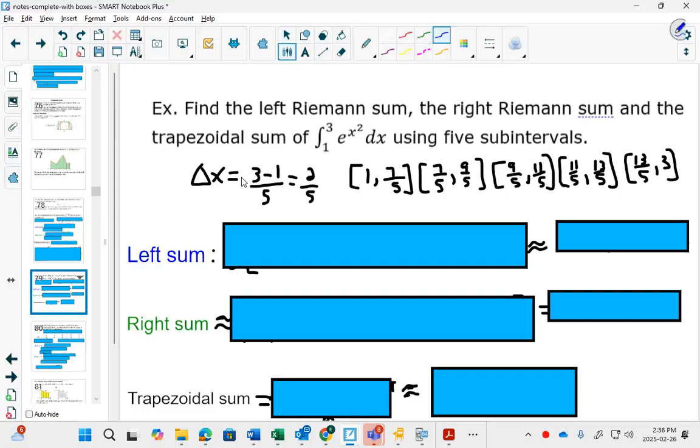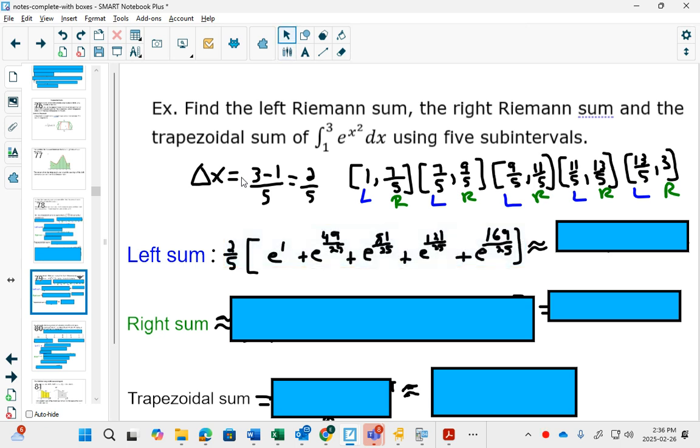For the left sum, you would use all of the left numbers. The right sum is a little bit annoying because you're going to have to plug in e to the 1. If you plug in 7/5 for x, do you see that you would get e to the 49 over 25?